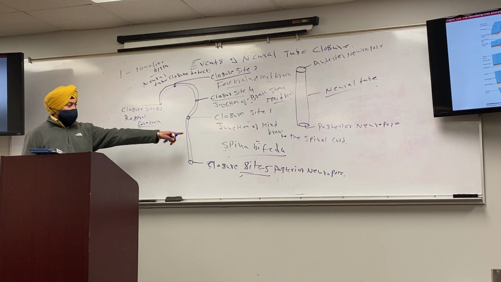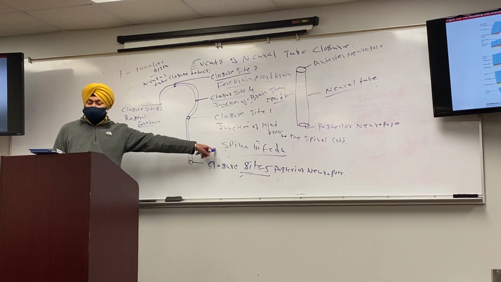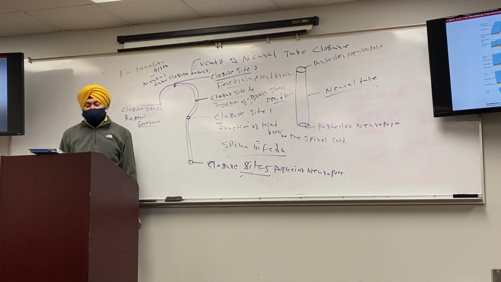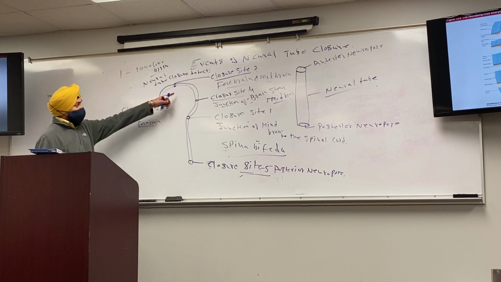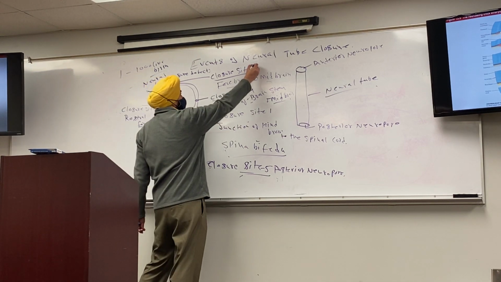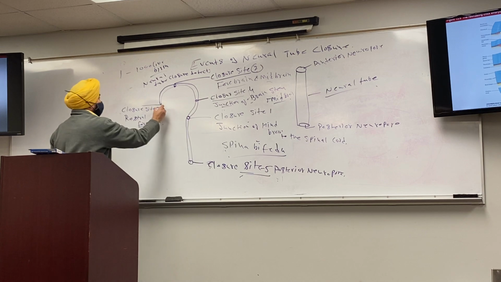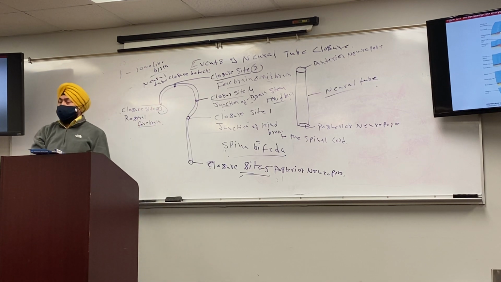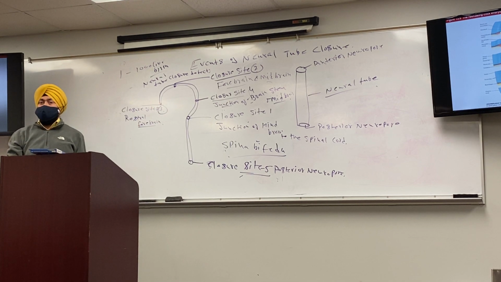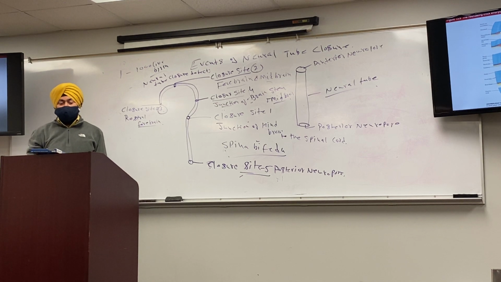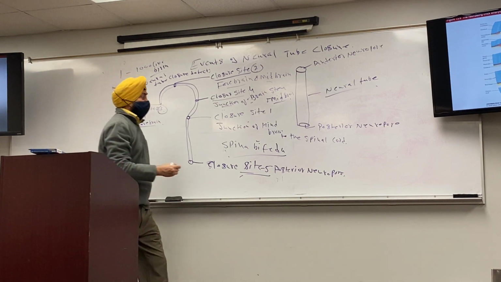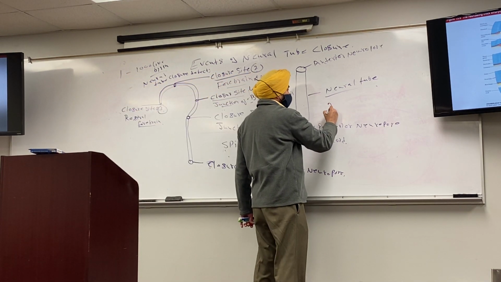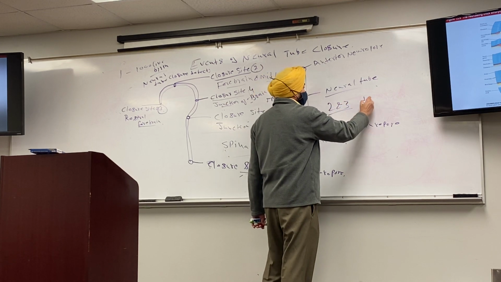So, most common is spina bifida, and then you can have problems in closure site number 2 and closure site number 3. These sites may not close. When these sites do not close, that is lethal. So 2 and 3 closure defect is lethal.